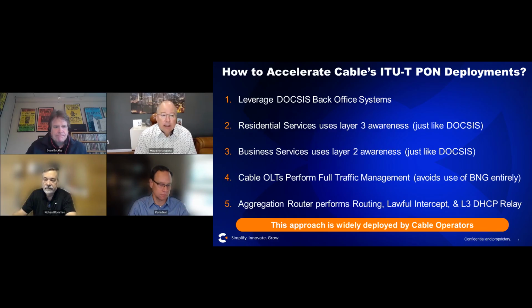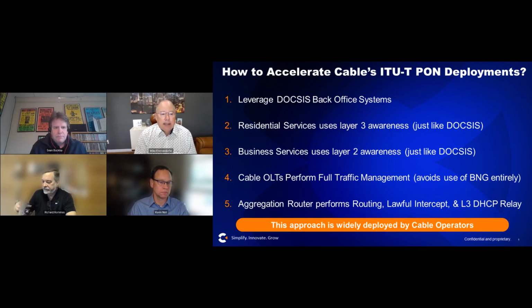One of the things that they have asked the vendor community is to look at ways of leveraging the DOCSIS back office with the integration of ITUT-based PON technology. And in doing so, they want to make sure that residential services can be essentially just like DOCSIS, as well as business services would be deployed in a very similar manner than DOCSIS does.